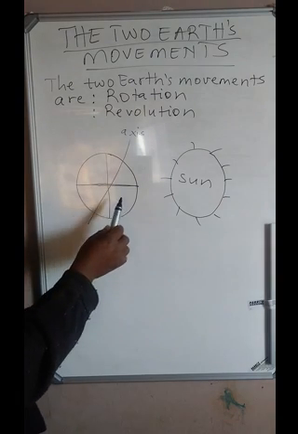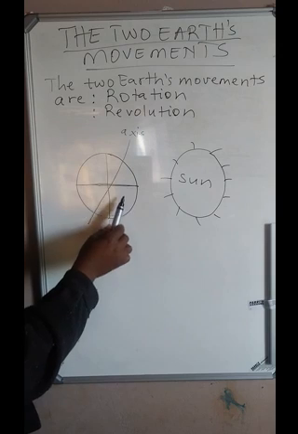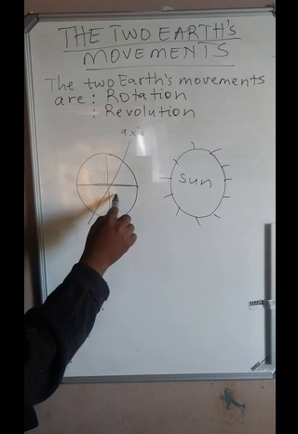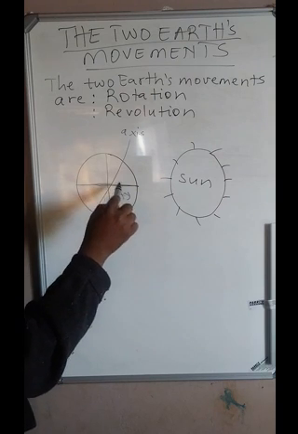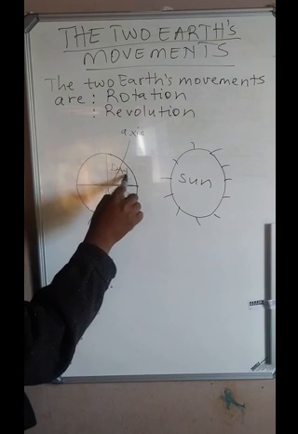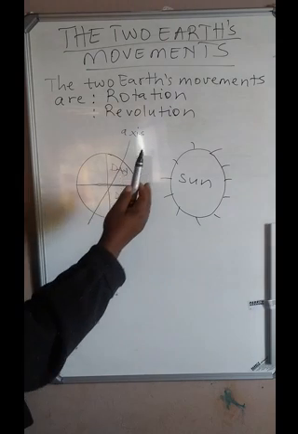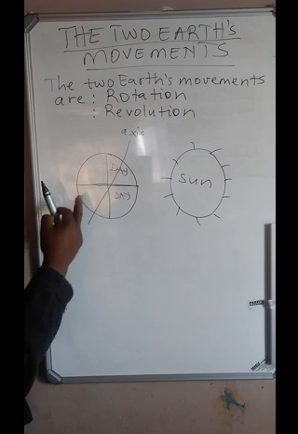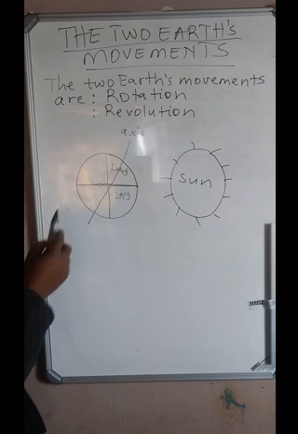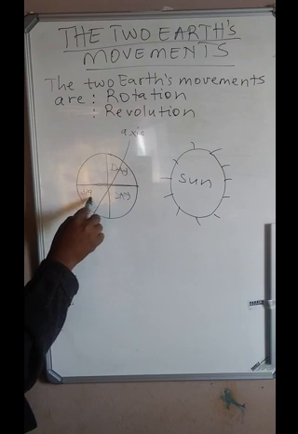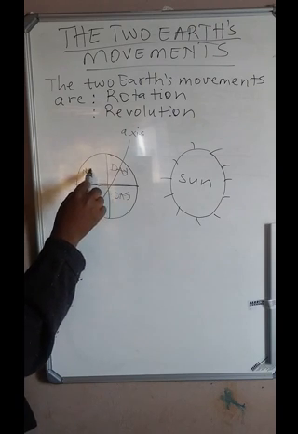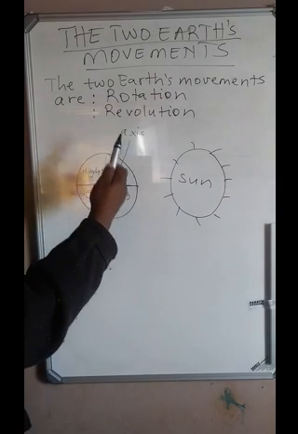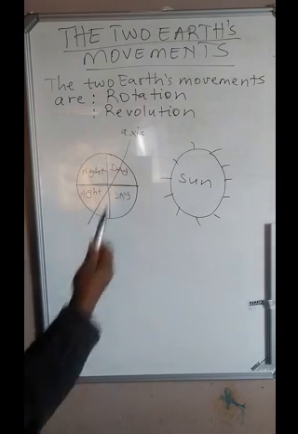All countries which are on this side are having day, because they are facing the sun. And all countries on earth which are on this side are having night. So only countries on the side of the earth facing the sun are having day.